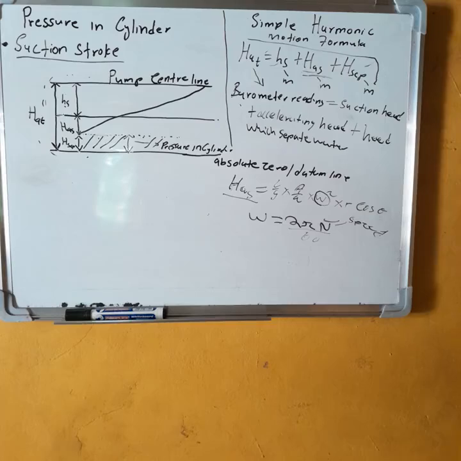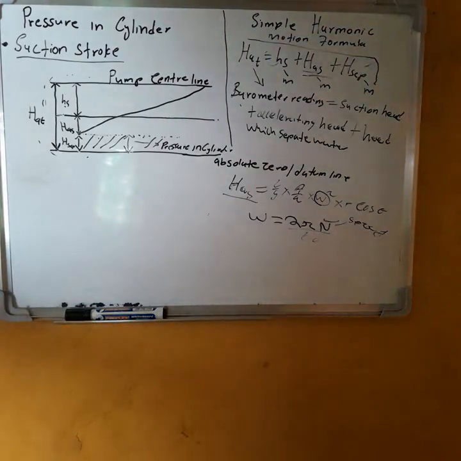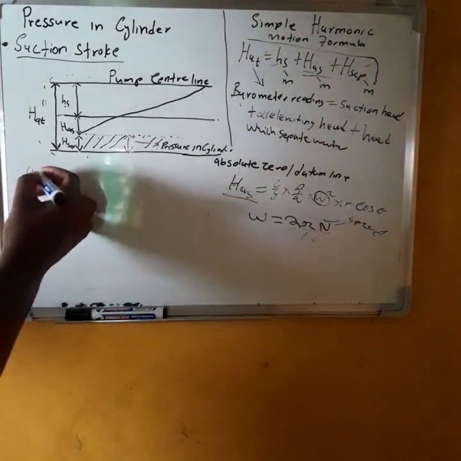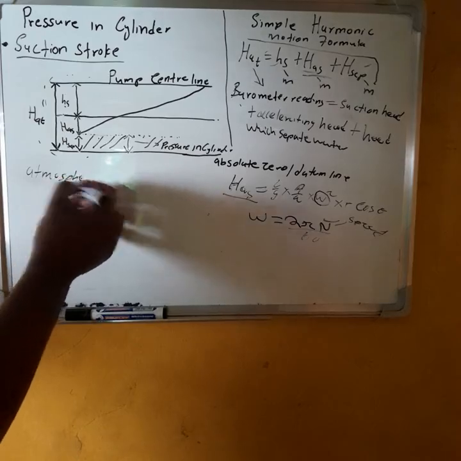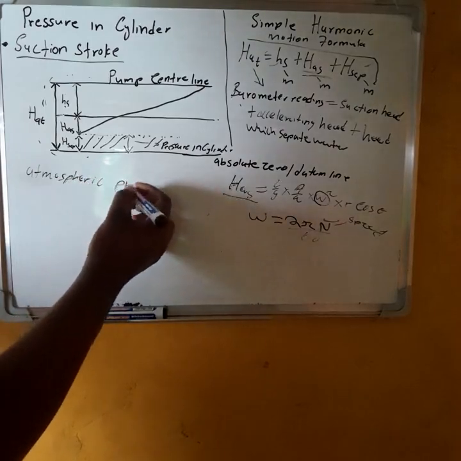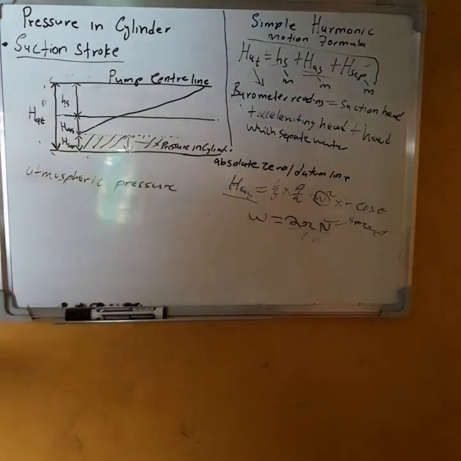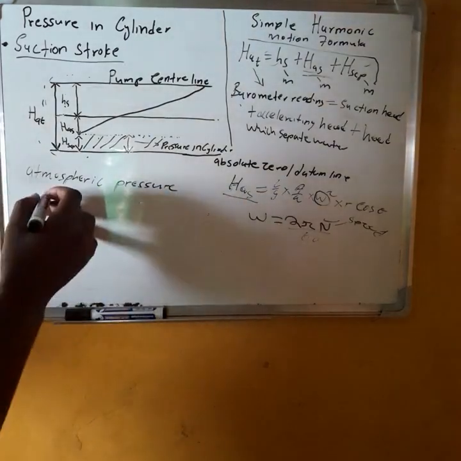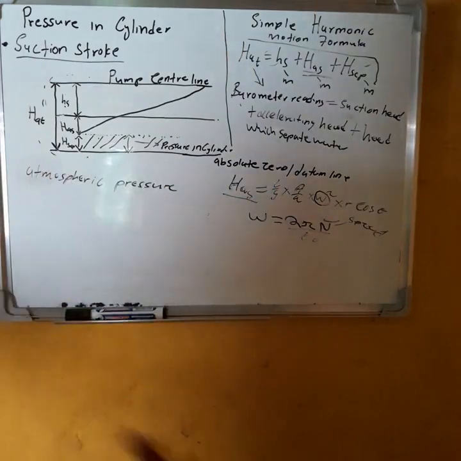If they give you the atmospheric or the atmosphere, it's up to that atmospheric pressure, right? Let's say they say the pressure is maybe 100 or 200 kilopascal.